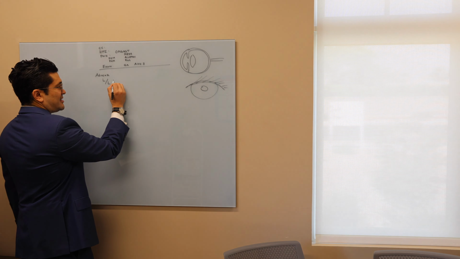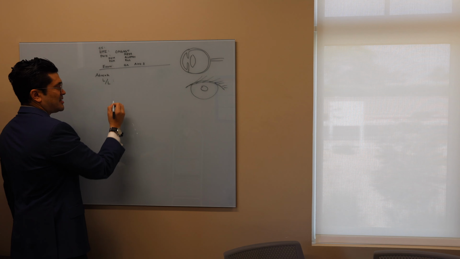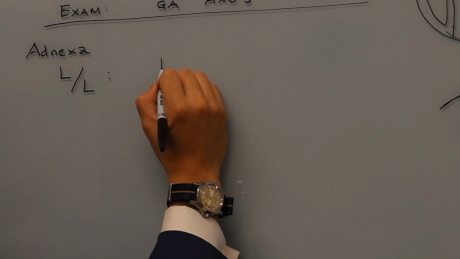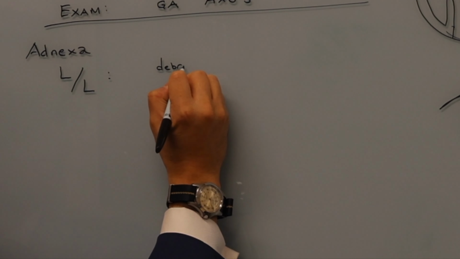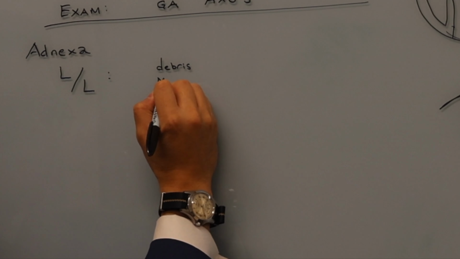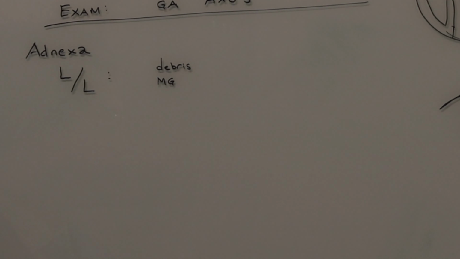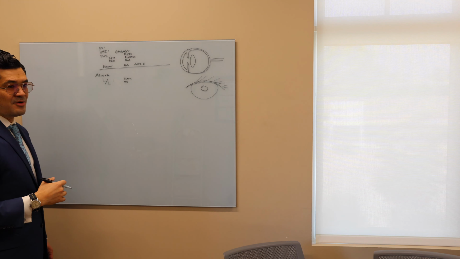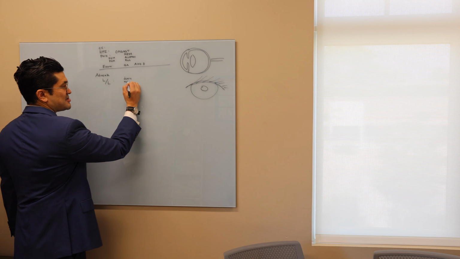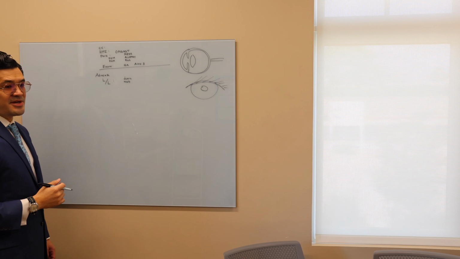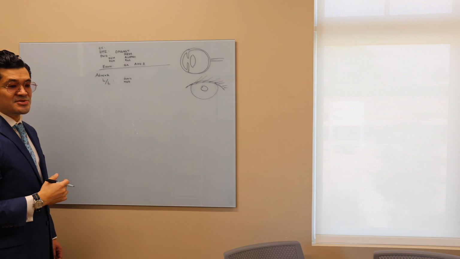In this section, at least for what we do, you will find comments like, is there debris there? What do the meibomian glands look like? Do the meibomian glands show inspissation? Is there meibomian glandular disease? Sometimes you'll see it commented like MGD. Is there dermatochalasis? Is there ptosis?